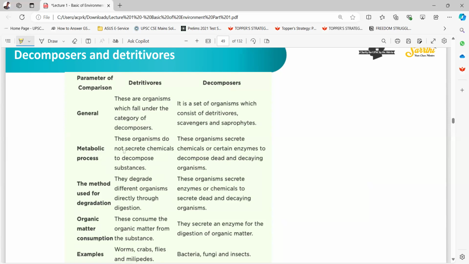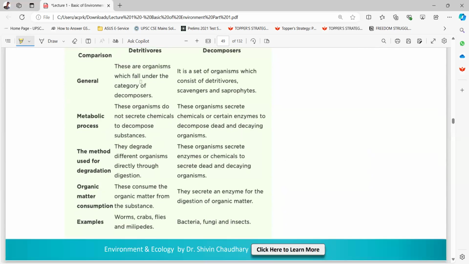Decomposers secrete chemicals or certain enzymes to decompose dead and decaying organisms. Method used for degradation: detritivores degrade different organisms directly through digestion. Decomposers secrete enzymes or chemicals to break down dead and decaying organisms.